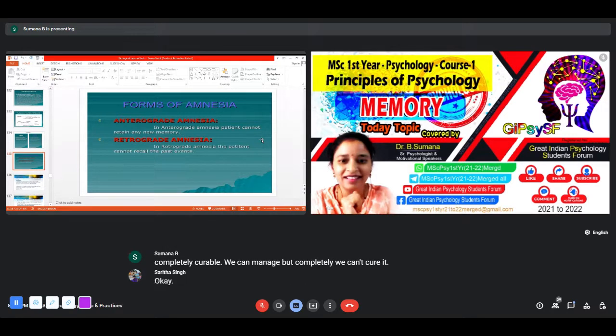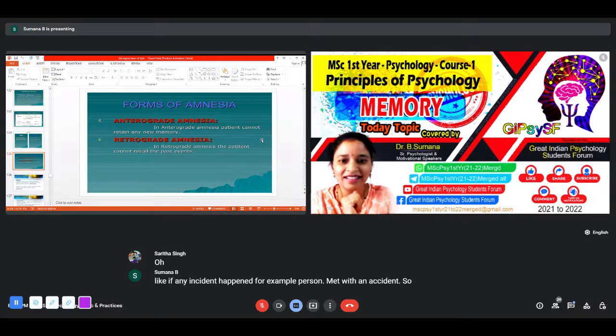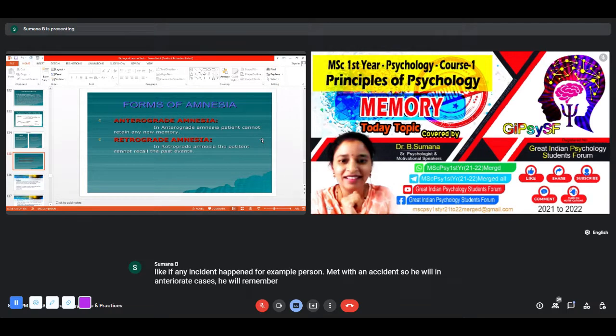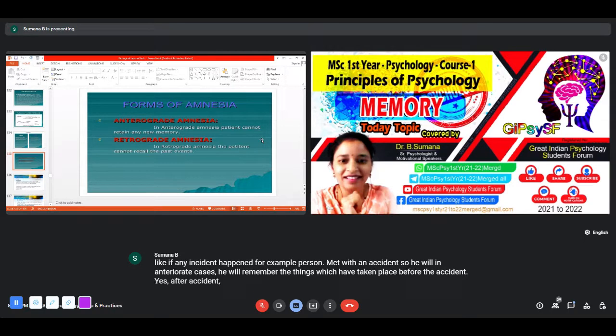Anterograde amnesia is like, if any incident happened, for example, a person met with an accident, in anterograde cases he will remember the things which took place before the accident. After the accident, whatever is happening, the present incidents, the person may not remember well.